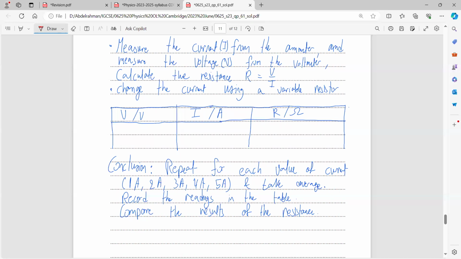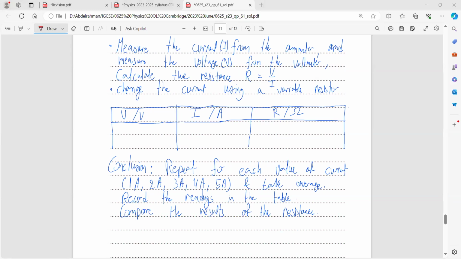Sometimes, not all the time, voltmeters and ammeters are faulty. When you switch them on, they could have a very small reading, 0.01 or 0.1. So you need to adjust it and make sure that it is reset to 0. Okay, what else?